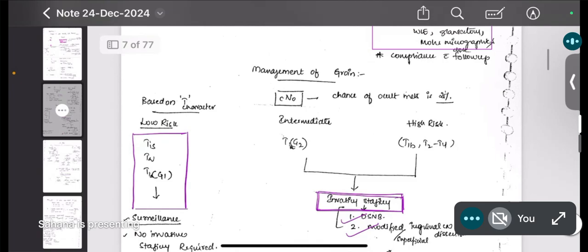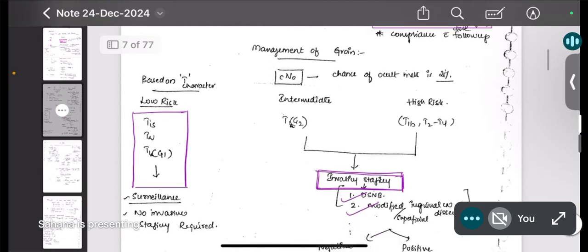Now coming to groin. Groin, what you have to remember is only one thing. Here, staging of the groin is always invasive, irrespective of your clinical or imaging, meaning your palpation or imaging. No matter how much it gives you negative, you will have to do an invasive staging to confirm the occult metastasis.